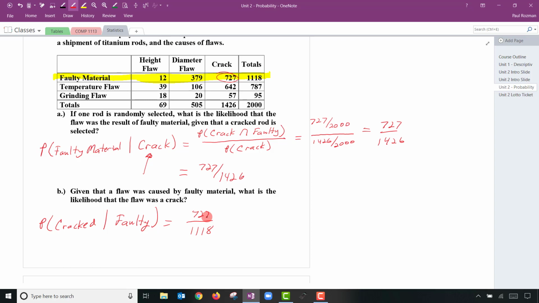If you tested negative, what's the probability that you actually have the disease? If you have the disease, what's the probability that you will actually test positive for the disease? So those are the classic examples. I tried to turn it into an engineering problem, with cracks and titanium rods, but it's the same process. So if you're ever Googling conditional probability, that's another great example.